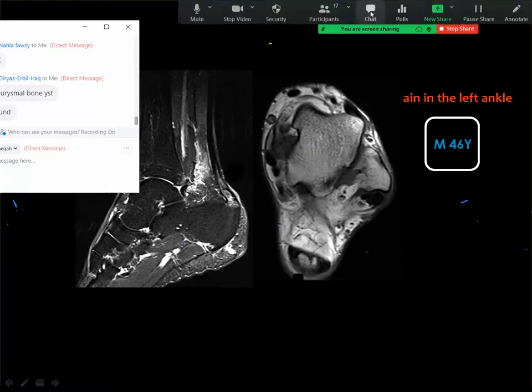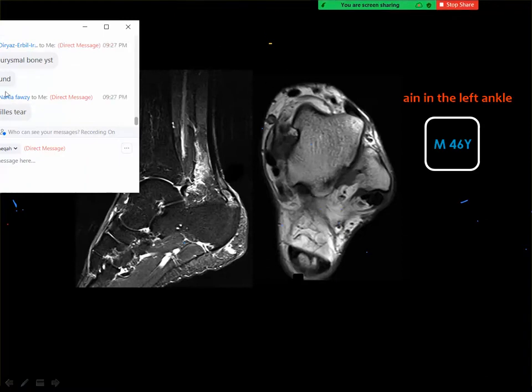Yes. Well, its name is not Holland, but Haglund syndrome, if you want to say that. And this is not torn Achilles tendon. If you look carefully in the axial images, you can see some abnormalities inside the substance of the tendon, which is almost intact.